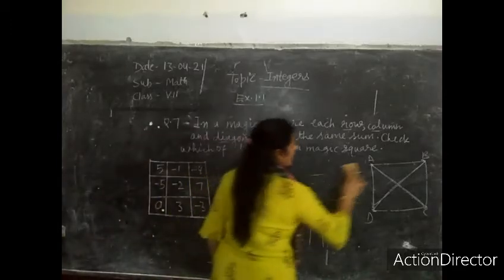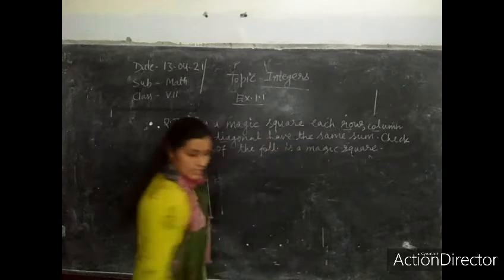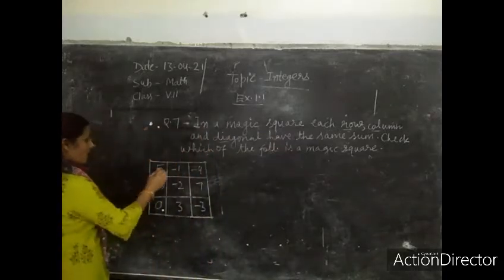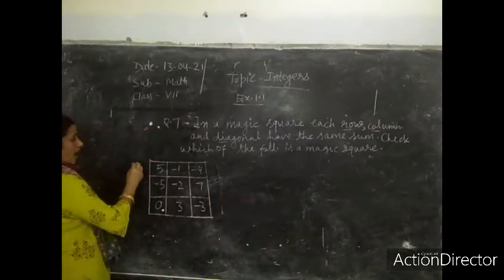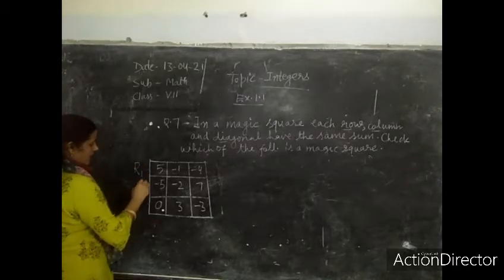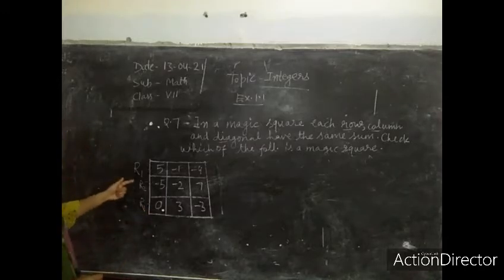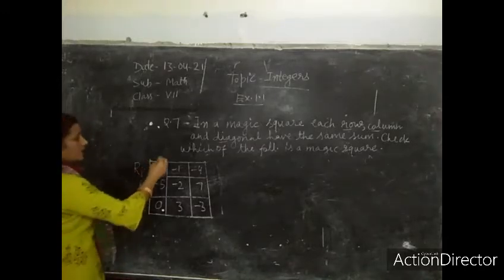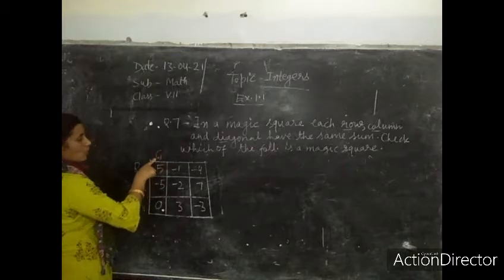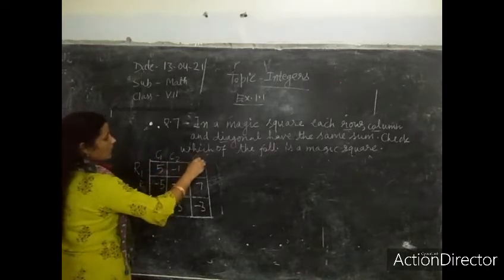Now first I am marking the rows and columns. Here are 3 rows, 1, 2, 3, which I will call R1, R2 and R3. In the same manner, C1 for column 1, C2 for column 2 and C3 for column 3.